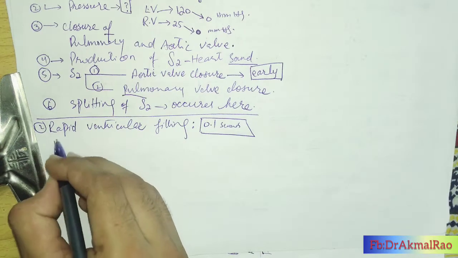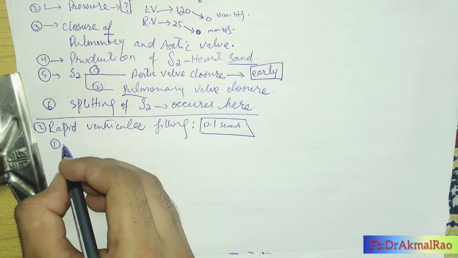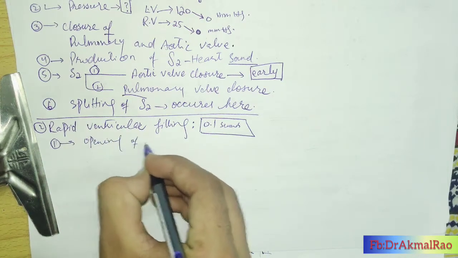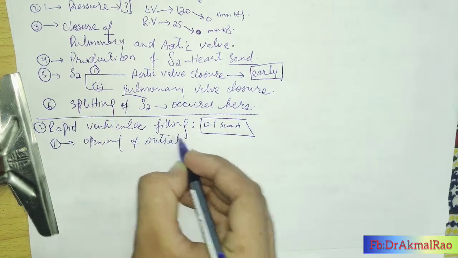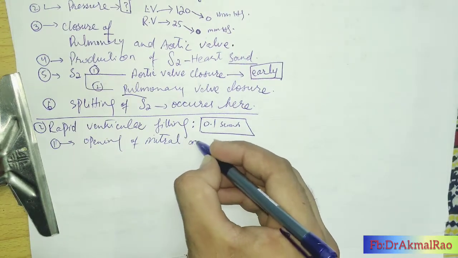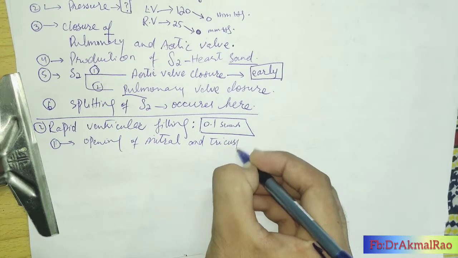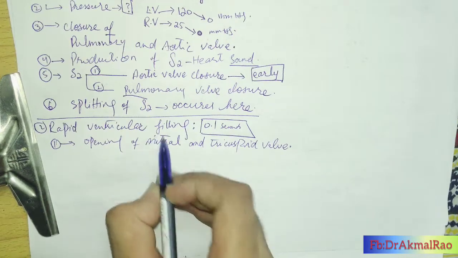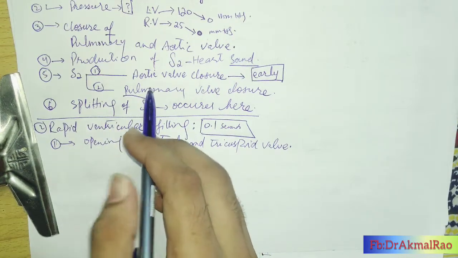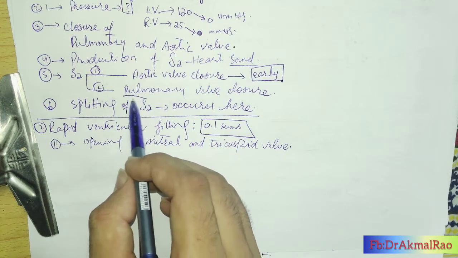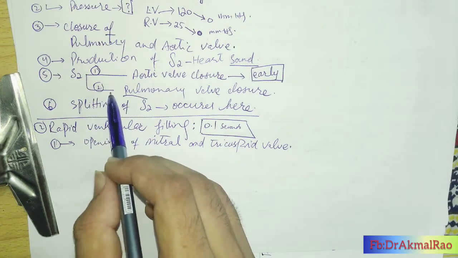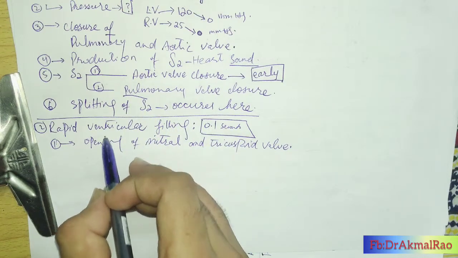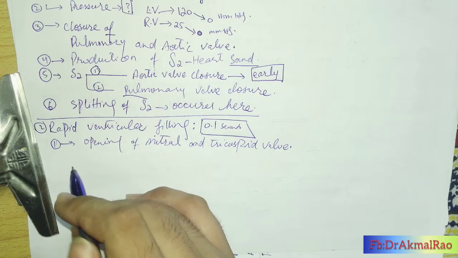The first thing is opening of the mitral and tricuspid valves. I said the sound is produced at the closure of any valve. But here the valves are opening, so there will be no sound.